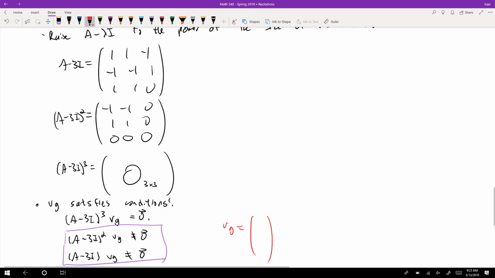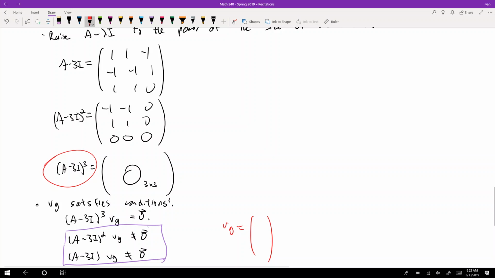Well, if we look at (A - 3I)^3, it's the 0 matrix. And (A - 3I)^3 times vg has to be a 0 vector. Literally any vector works, because I'm multiplying the 0 matrix times some vector, and that's always going to be the 0 vector. So almost any vector works, and so don't get too creative here with the vector you choose. Just choose the simplest one that works.